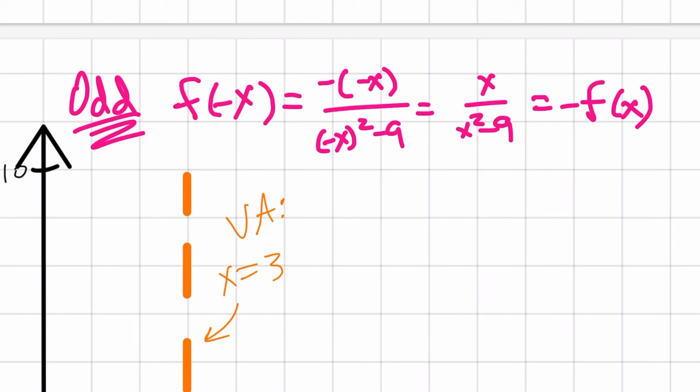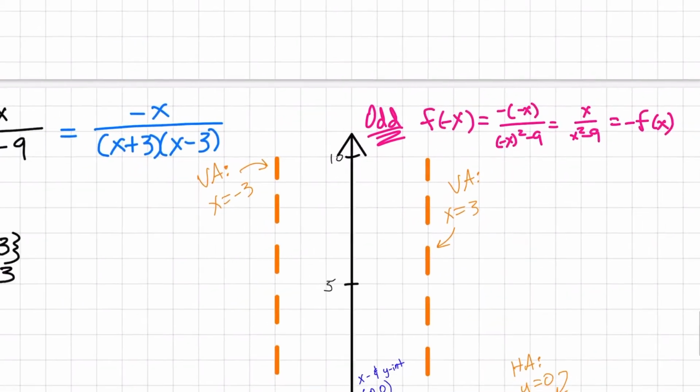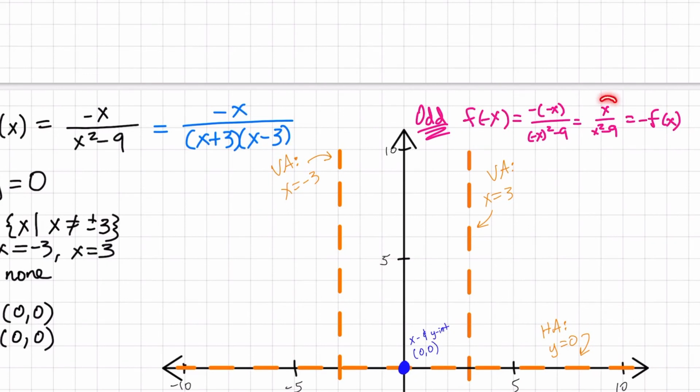We check and see if it's an odd or even function by plugging in a negative x into the function and evaluating. So f of negative x is, well, negative x, and negative times a negative x is a positive x, and then a negative x squared is a positive x squared. If we compare this to our original function, I end up with an x over x squared minus 9, but my original function is just a negative version of that, a negative times x over x squared minus 9.